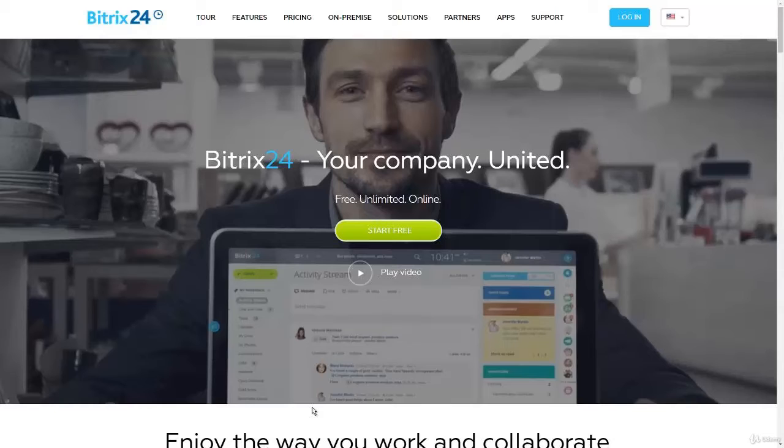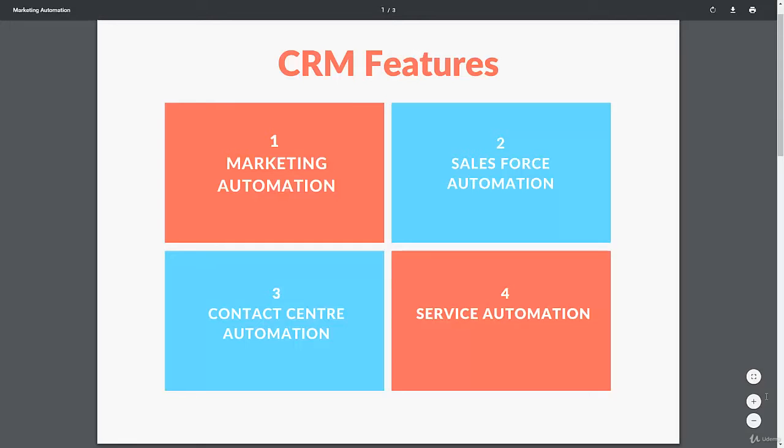The thing about CRM is it's basically customer relationship management, right? And there are mainly 4 features that we are looking at inside a CRM. Any CRM is supposed to have all these 4 features. The first one is marketing automation. It has to do with everything marketing. Second is the Salesforce automation.